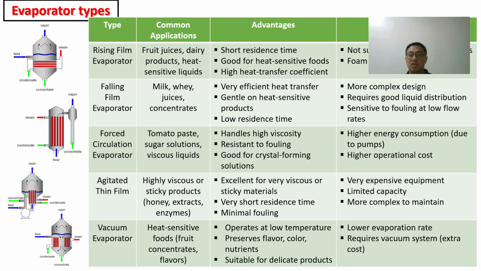So especially fruit concentrate, flavor which is very heat sensitive, the aroma of the product, the phenolic compounds, the bioactive compounds that we extract from the plant, they are very sensitive to heat, thermally sensitive. So a vacuum evaporator is good because it can operate at low temperature, preserving the flavor, color, nutrients, and everything.